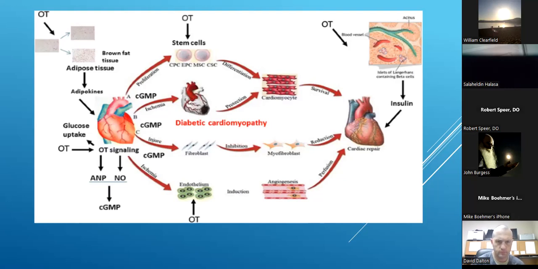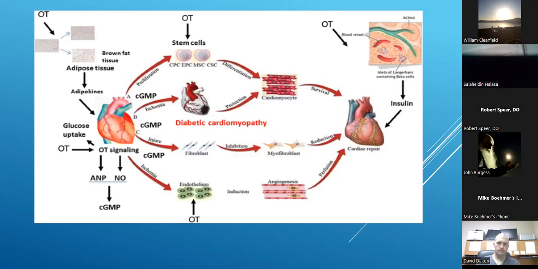That would lead to increased blood flow, vasodilation, inhibition of the fibrosis, and stimulating the stem cells, which all helps in managing a cardiac infarction or angina or any ischemic heart diseases. We know that oxytocin helps to transform those white fat cells into brown fat cells.